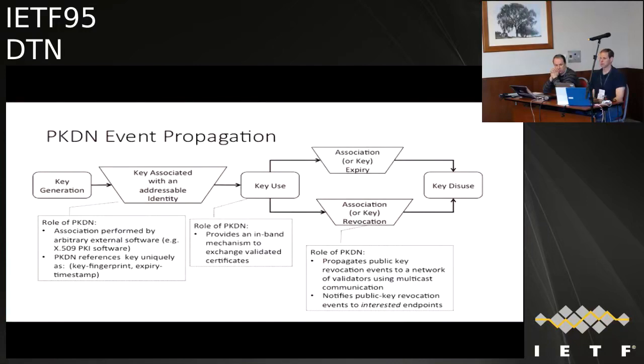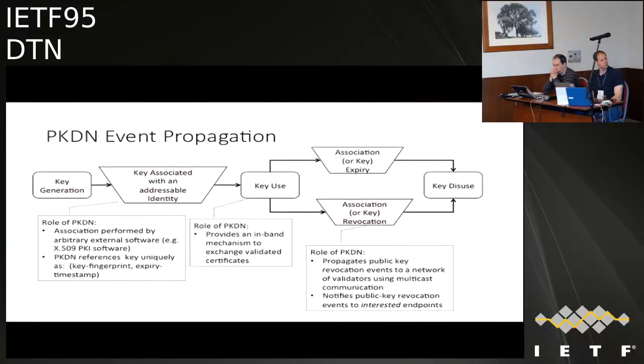Now the role of PKDN is in the key association stage, the key use stage, and the key revocation stage. In the key association stage, we assume any key association protocol like the X509 public key infrastructure software.